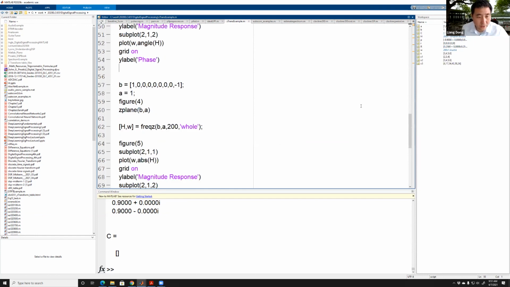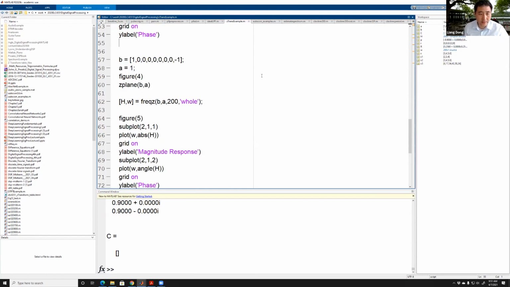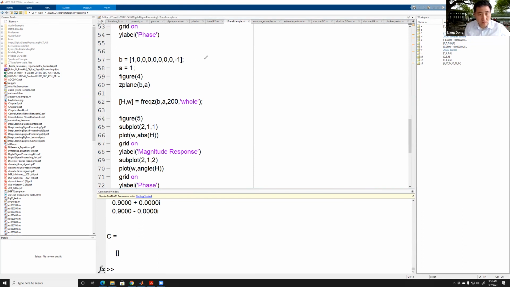Okay, then we change a little bit. The second filter I have here, A is 1. I don't have a denominator. Therefore, this is a filter without any feedback. Also, this is a filter of finite impulse response. So what is this filter?